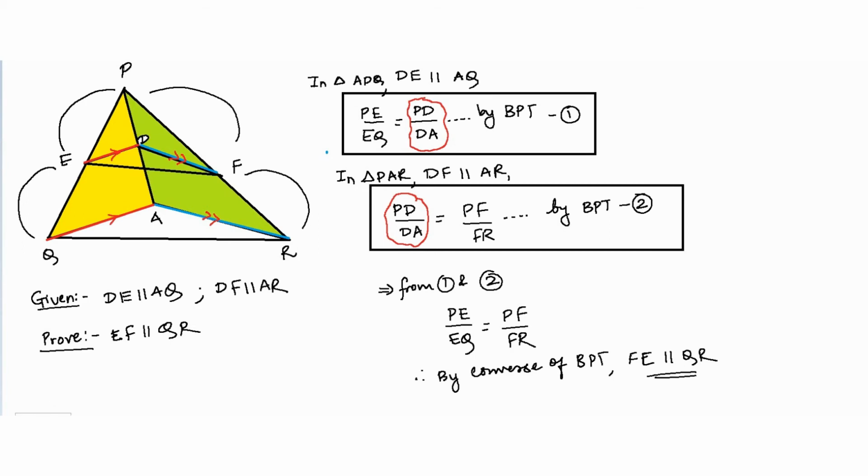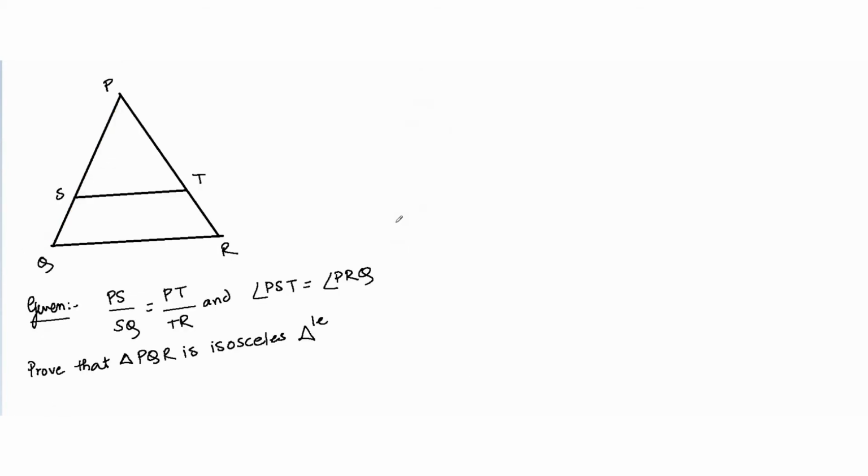Moving on to the next question. Let us consider the following question. It's given that PS upon SQ is equal to PT upon TR. So because it's given that the line ST is dividing the two sides in the same ratio, I can definitely apply the converse of BPT, and I can say that ST is parallel to QR.